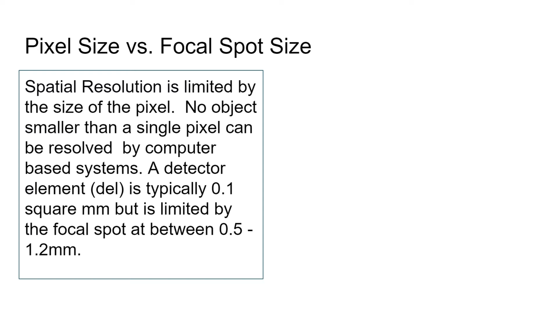So if the focal spot is 0.5 or 1.2, somewhere in there, then it doesn't matter if we have a 0.1 or 0.2 or 0.3 or 0.4 size pixel. It's the actual diameter of the focal spot that becomes the limiting factor, right? So the computer systems are starting to get better and better, but until we can reduce the actual focal spot, we're going to be limited in our resolution. So I'll leave it there.